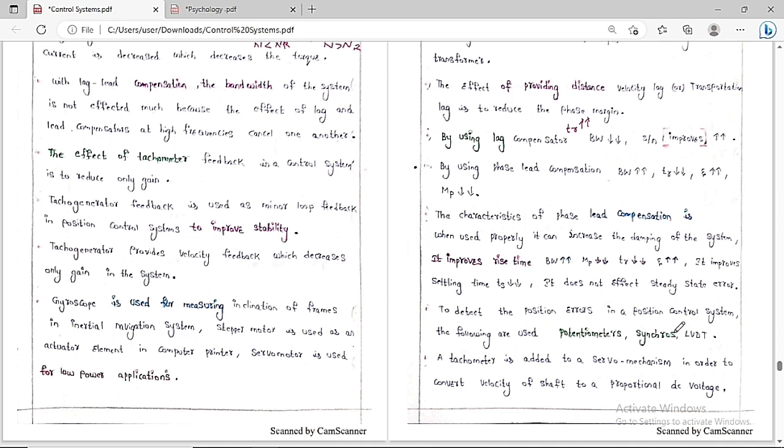So finally I can say these potentiometers, synchros and LVDT are basically used to detect the position errors in the case of the position control system.